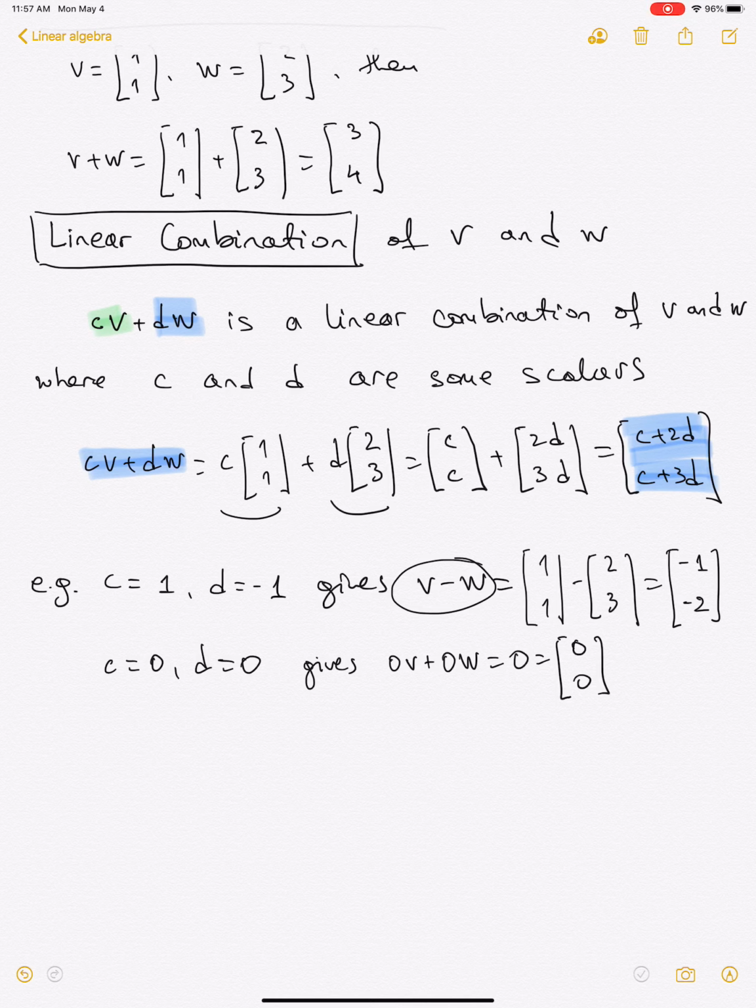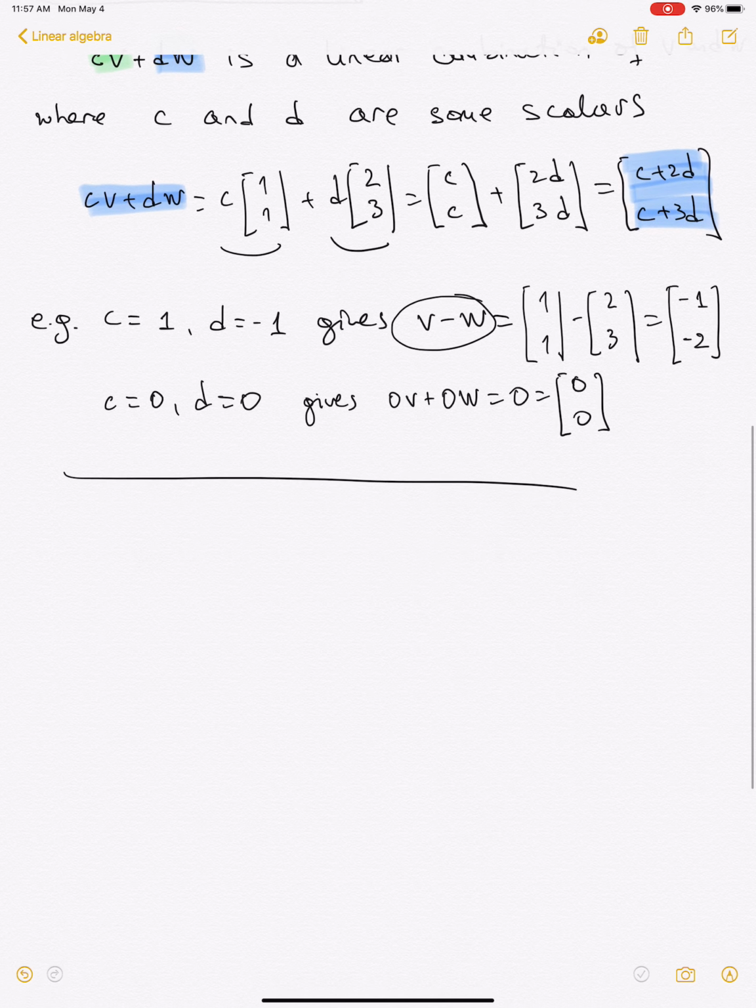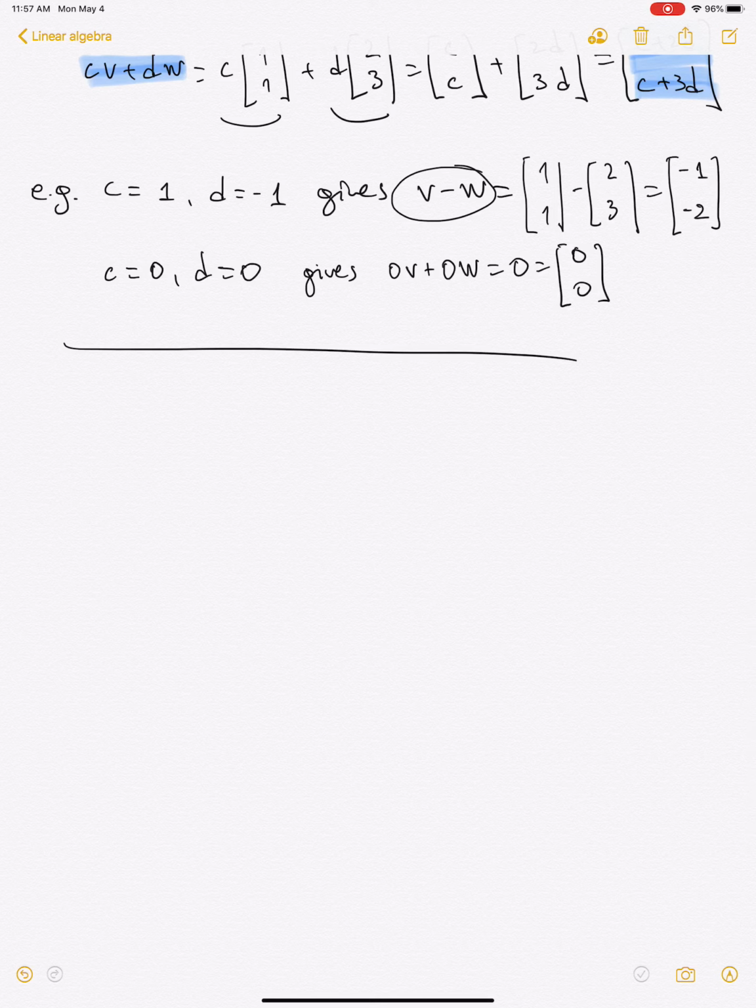Now, what is interesting to ask is, what do we get when we look at all linear combinations of v and w? To answer that question, we have to go into different representations of a vector v, so ways to represent v.